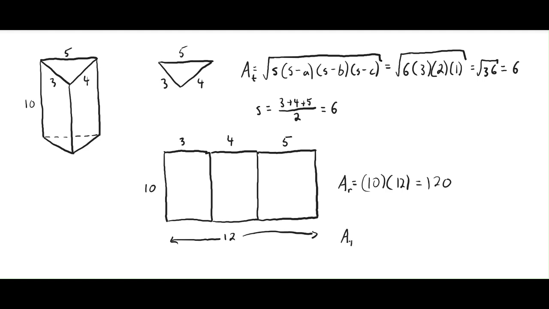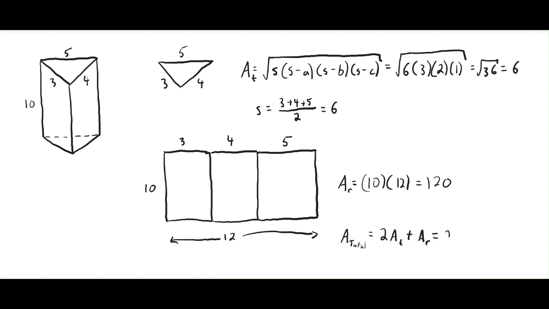We'll call it A total. Remember there's two triangles, so I need to multiply the area of that triangle by 2. I've added up all the rectangles, so we just need to add this rectangle area. And let's see what we get.